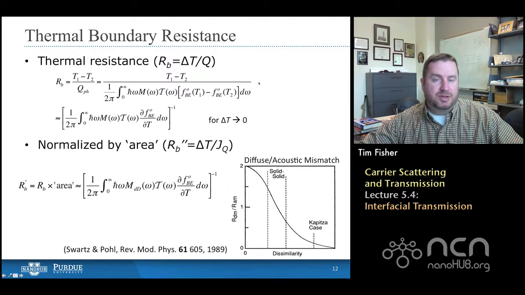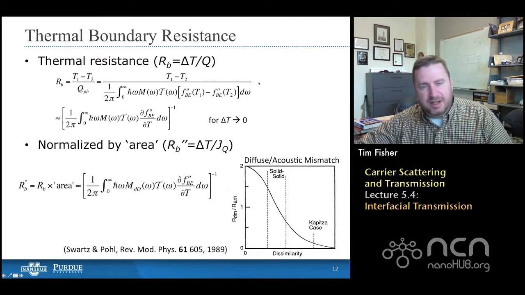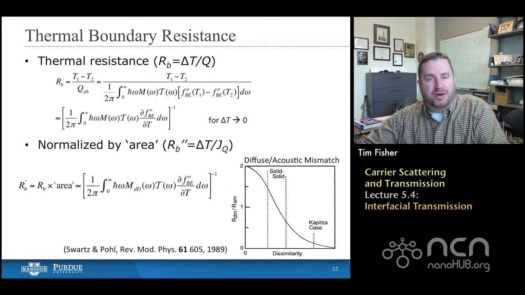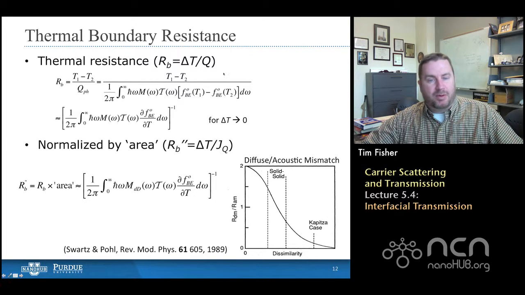That's the rate of heat flow between the two sides. And this is assuming that there are no other impedance or resistive effects within the media themselves. And if there are, we have to subtract those out. But when we do this, all we do is say that we form this ratio. Again, our Landauer expression for the rate of heat flow goes in the denominator.